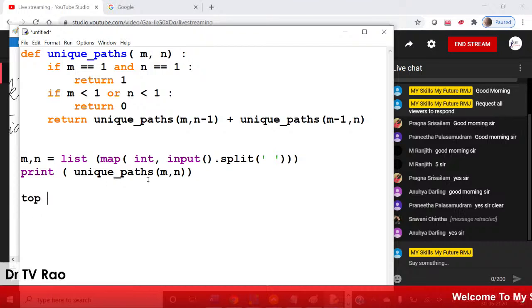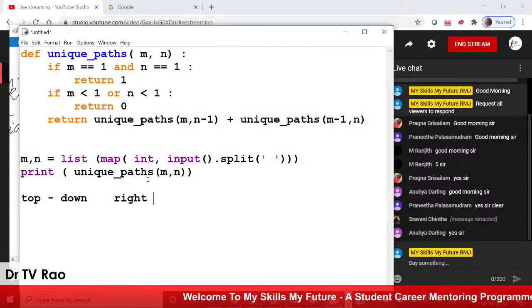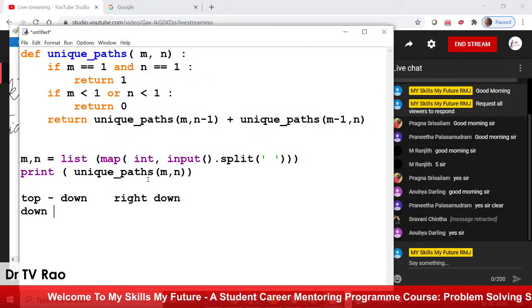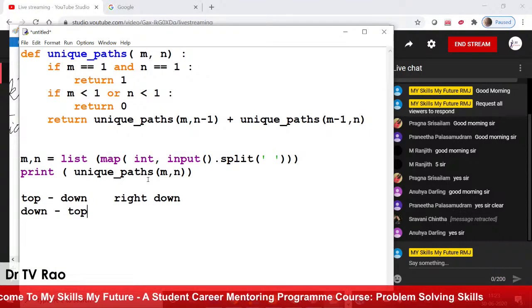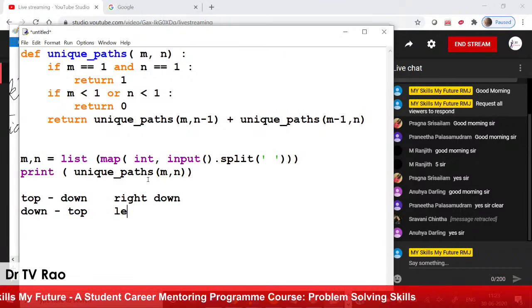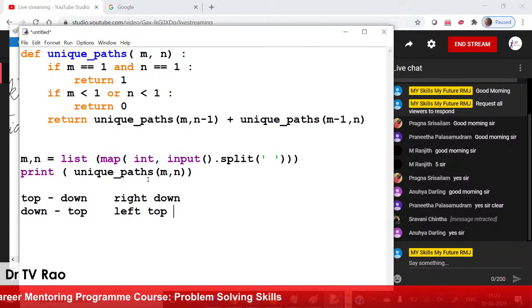From top down approach, you have right movement and down movement. Okay. In down top approach, you have left movement and top movement. Okay. Now this is left movement and this is top movement.